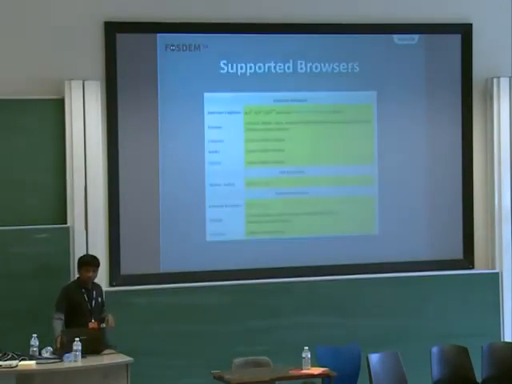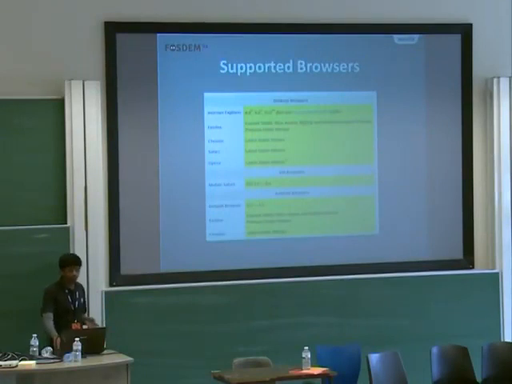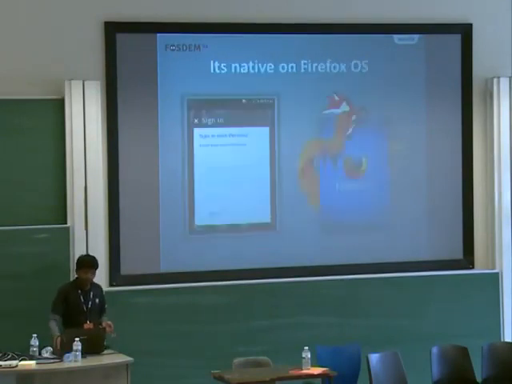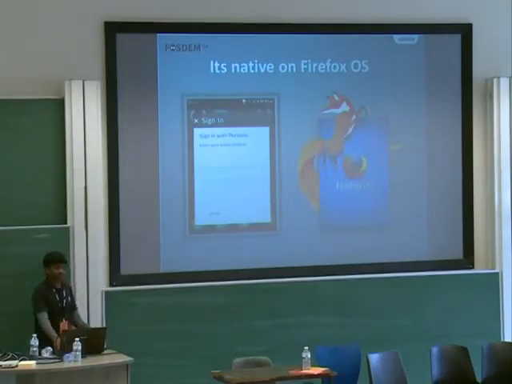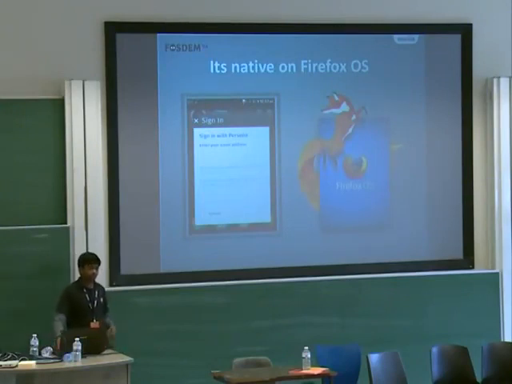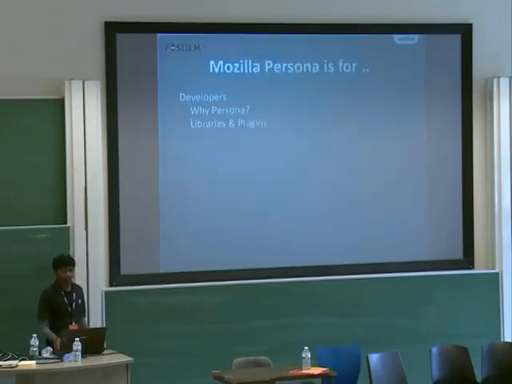The supported browsers are almost every version of Firefox, and the remaining ones too. And as everyone knows, Mozilla has introduced Firefox OS, and in that we natively support this Persona sign-on.